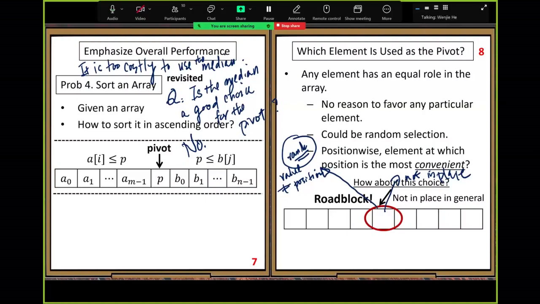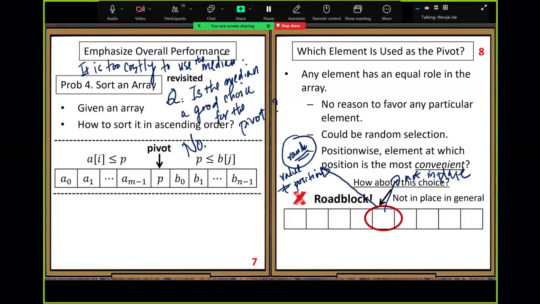If you select a good position for the pivot, you won't have this roadblock problem. So think about what the good locations for the pivot element are, so that we can avoid this roadblock problem.